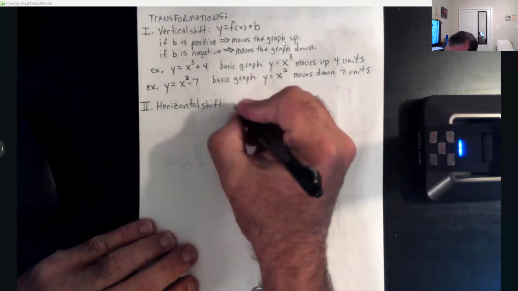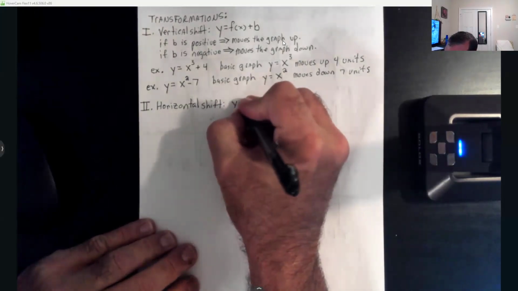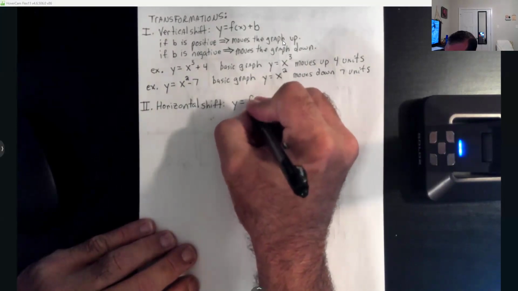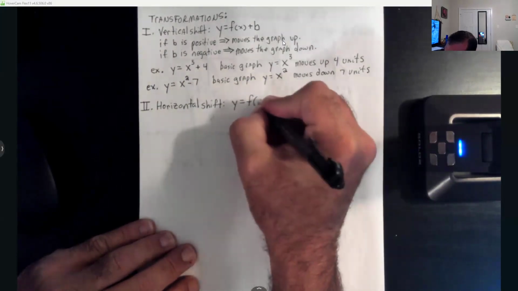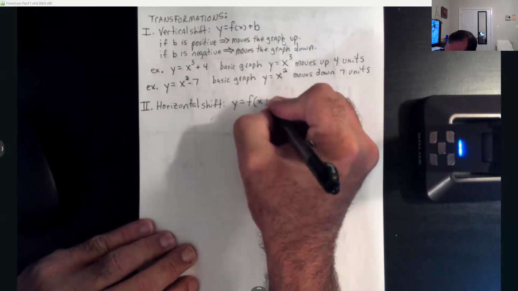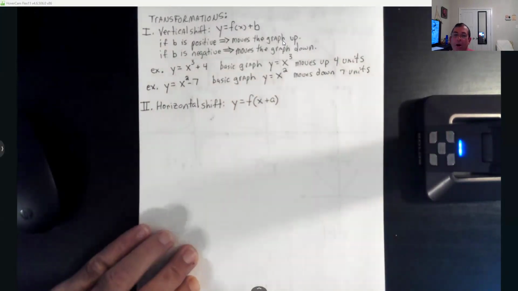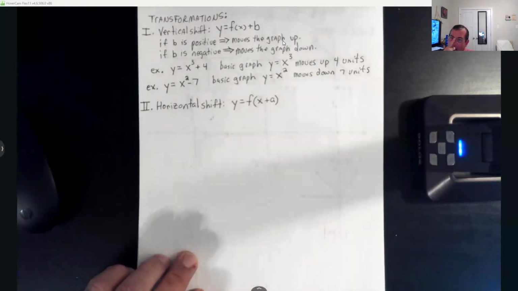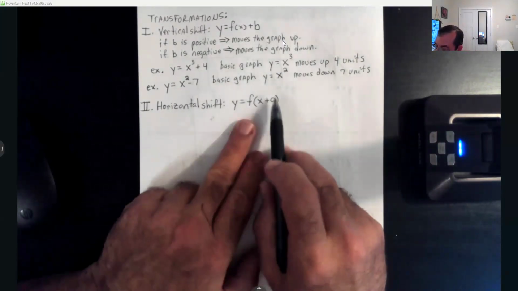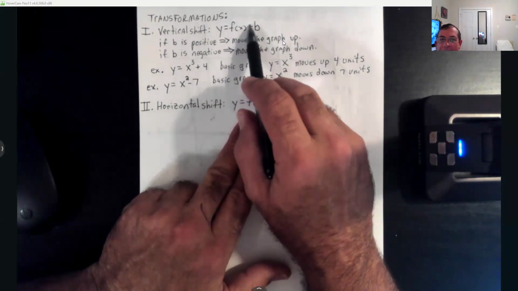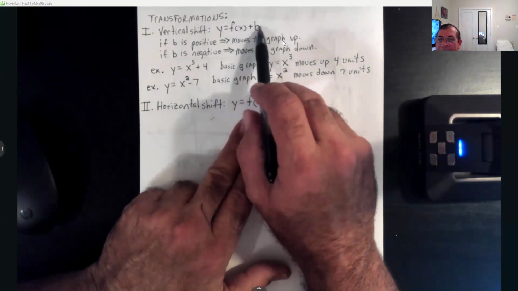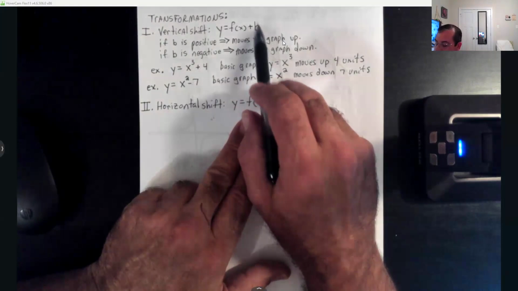So y'all, those will look like this: y equals f of x plus a. Now y'all notice the difference on this. Up here, you had a function and you added or subtracted from it.